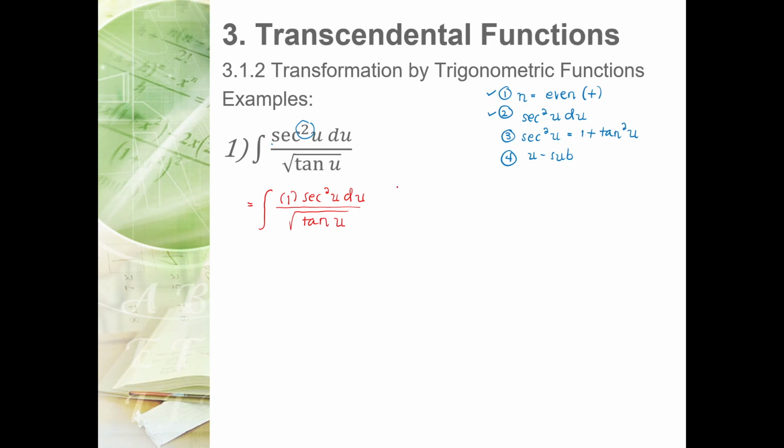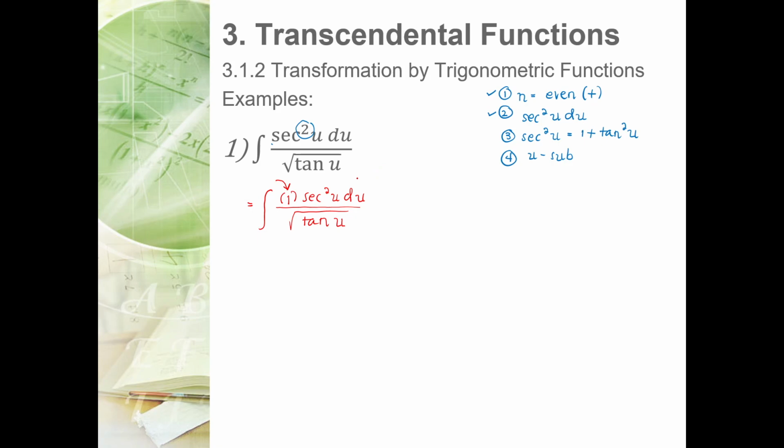Okay? So next we replace secant squared u with 1 plus tangent squared u. Notice that here, there's no extra secant squared term left.